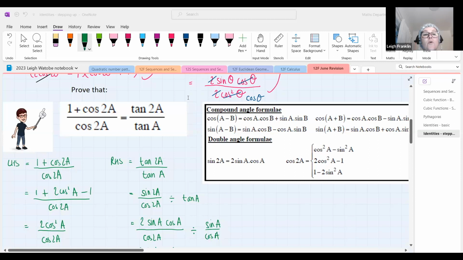Because that was part of our question. If you look here at the right-hand side, you can see tan 2a was being divided by tan a. Remember, over means divide. Now I understand. Thank you.